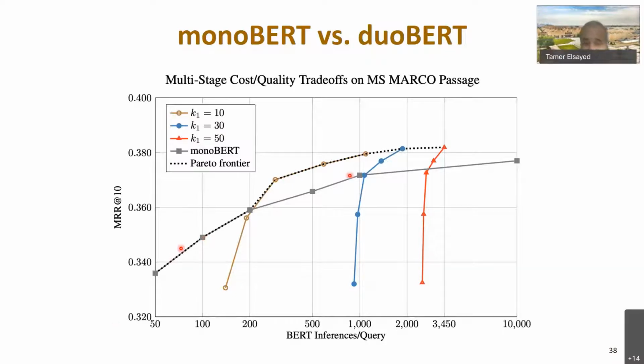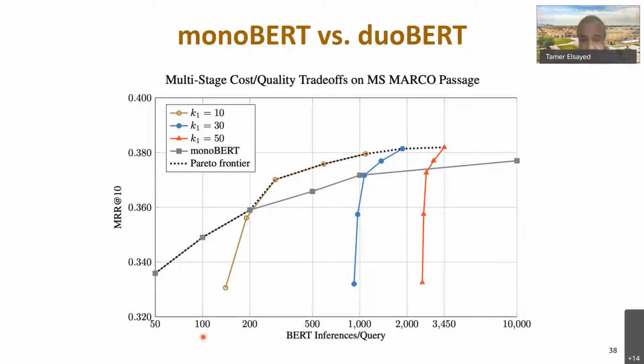This is exactly the same, but plotted. Actually, it was the same curve, but we had the 50,000 after that. Here we cut it at 10,000. So that curve is exactly the one that we saw before for mono BERT. Nothing new here.